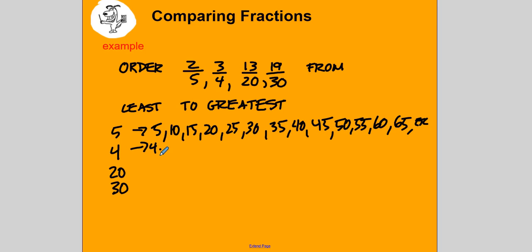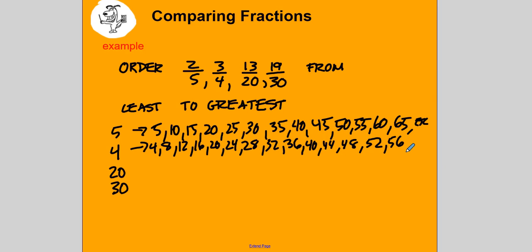So that's 4, 8, 12, 16, 20, 24, 28, 32, 36, 40, 44, 48, 52, 56, 60, 64, etc. 20 is going to be 20, 40, 60.